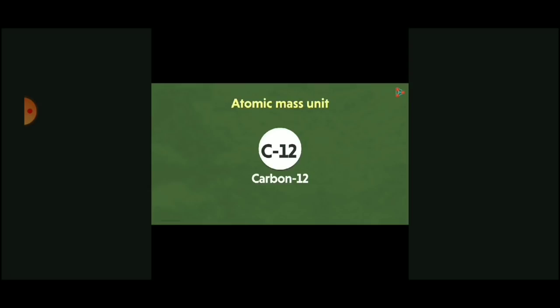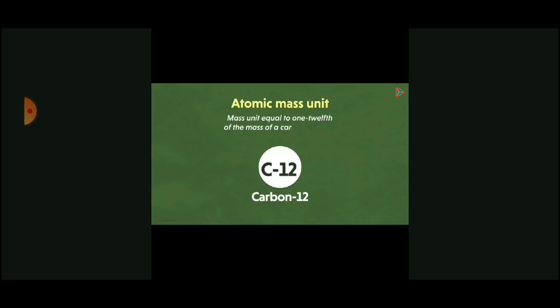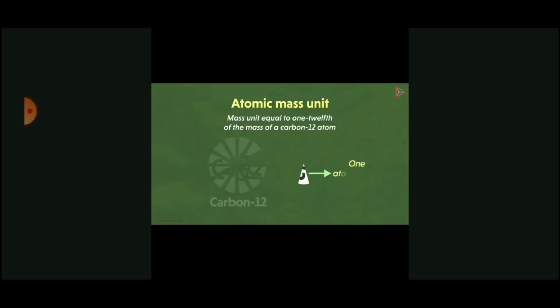Atomic mass unit is the mass unit equal to 1/12th of the mass of a carbon 12 atom. That is, we have taken a full atom and it is cut into 12 equal parts. So 1 unit from a whole atom of carbon 12 is equal to 1 atomic mass unit.